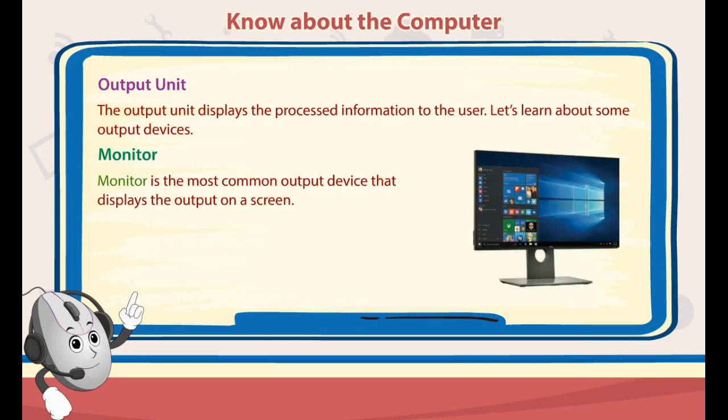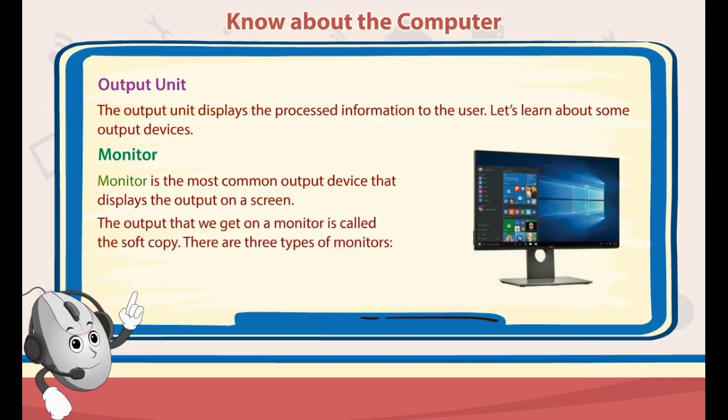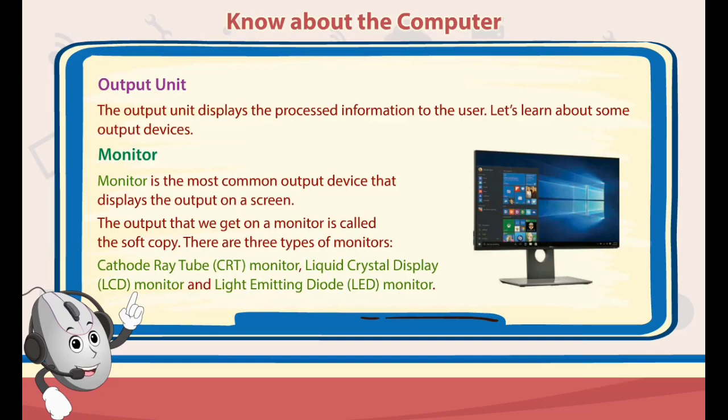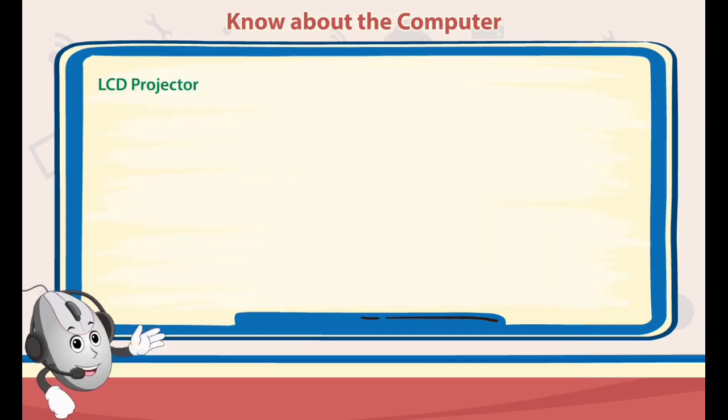Monitor. Monitor is the most common output device that displays the output on a screen. The output that we get on a monitor is called the soft copy. There are three types of monitors: cathode ray tube (CRT) monitor, liquid crystal display (LCD) monitor, and light emitting diode (LED) monitor.